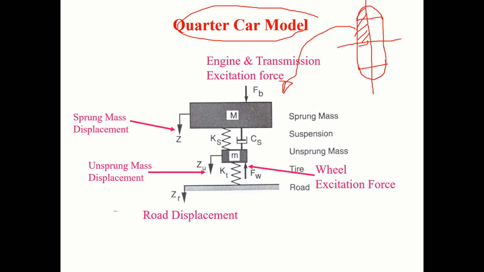That is the sprung mass, unsprung mass, road. That is the suspension stiffness, suspension damper. This is the tire stiffness and unsprung mass. The road excitation, using a power spectral density model, can be given as input here.